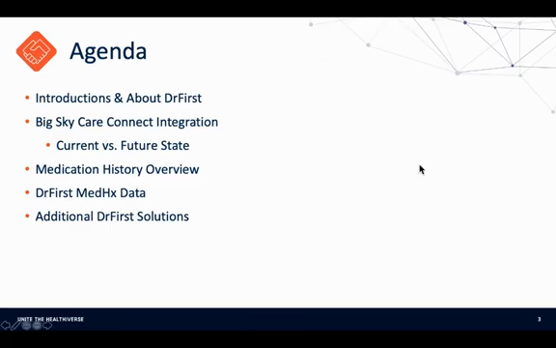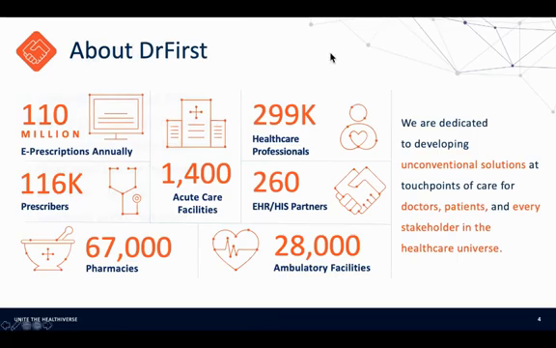Great. Next slide. So just the 10,000-foot view. Dr. First was founded in the year 2000. We were actually an e-prescribing company, and that's where our core competencies lie. Today, we send about 110 million scripts annually. We pioneered EPCS. We worked with several governing bodies to create laws and regulations around that.